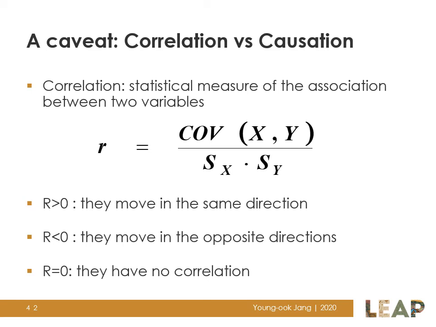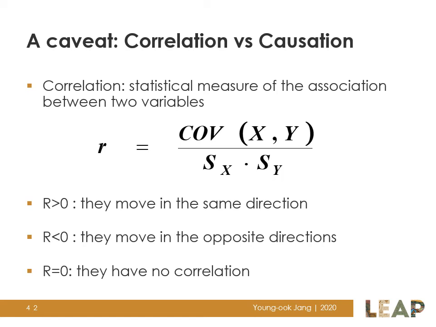But something that is commonly mistaken is the relationship between correlation and causation. Correlation is a statistical measure of the association between two variables. If two variables move in the same direction, then these two variables have a correlation.